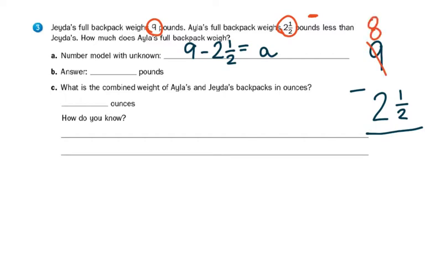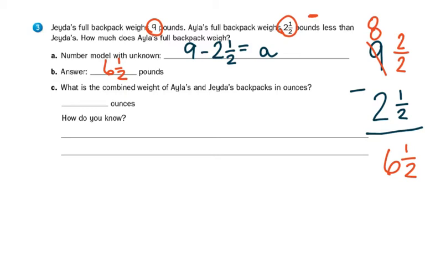I'm going to take that whole number I borrowed and make it equal to a fraction that has a denominator of 2. In order to make that one whole, my numerator and denominator need to be the same. So 8 2/2 is the same thing as 9. Now I can subtract. 2/2 minus 1/2 is 1/2. 8 minus 2 is 6. So the answer is 6.5 pounds.